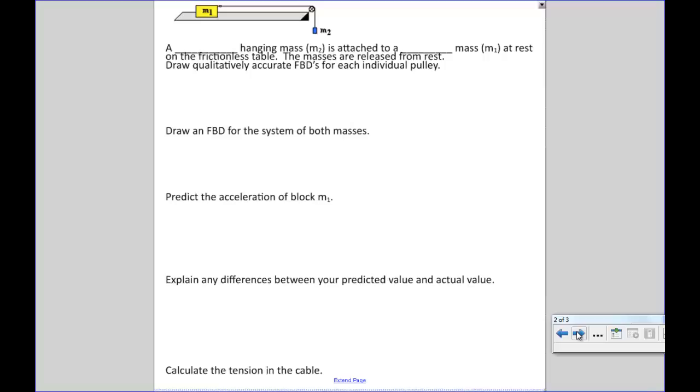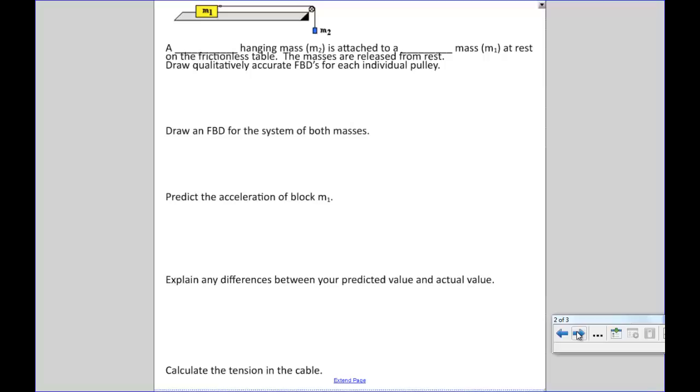These carts are 500 grams, and I'm putting an extra 1 kilogram on top. So we had a 1.5 kilogram cart, and our hanging mass is... I thought the cart was 250 grams, when we did it on the last one. Was it 250? Okay, so we'll say 250 grams, my fault.